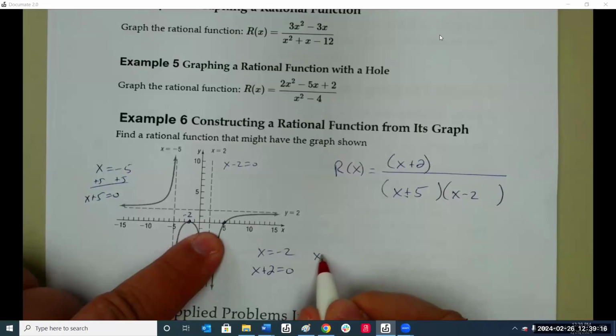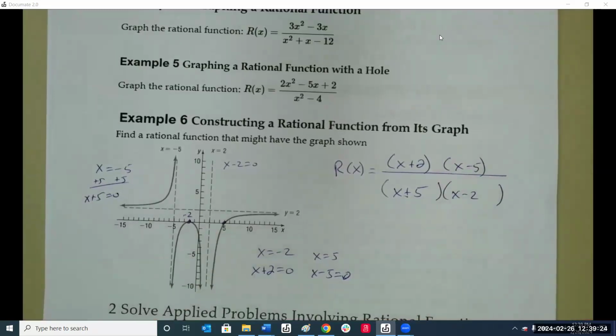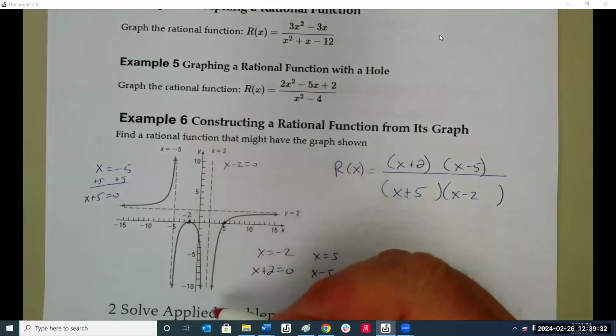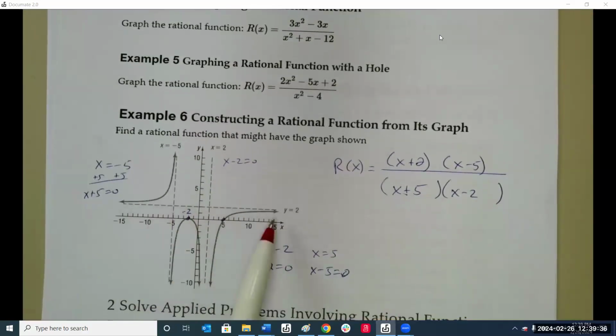And if x equals 5, that means x minus 5 is equal to 0. So far, so good. We've gotten the vertical asymptotes. We've gotten the intercepts.